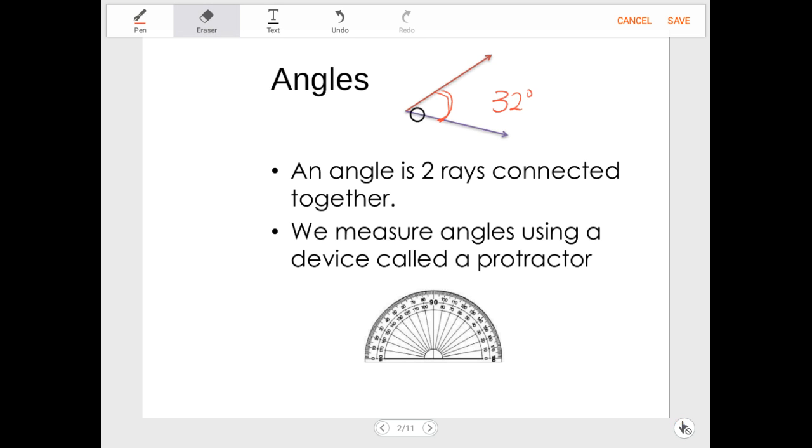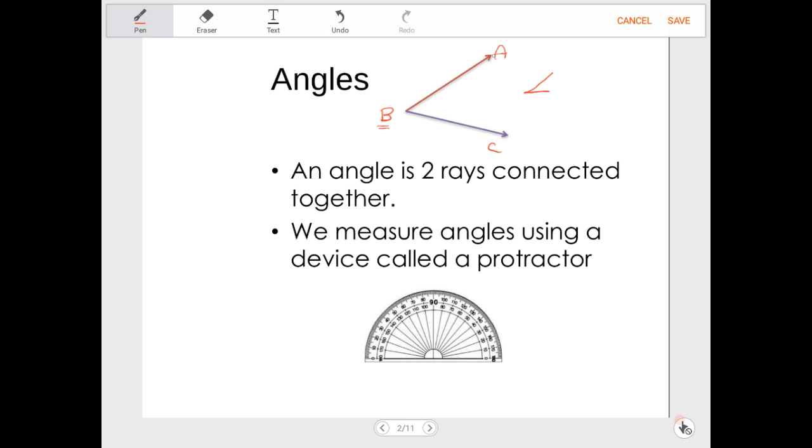One other thing I want to talk about is how to name an angle. Quite often I'll say this is A, this is B, and this is C. If you ever have to write an angle, you would use the angle symbol, which looks like that. It doesn't really matter how you name the angle as long as the vertex is in the middle.